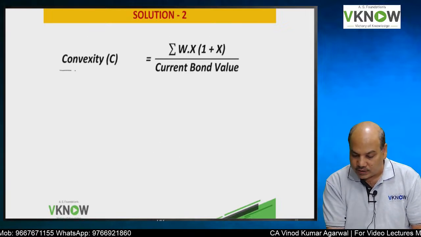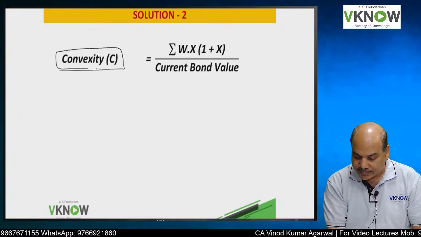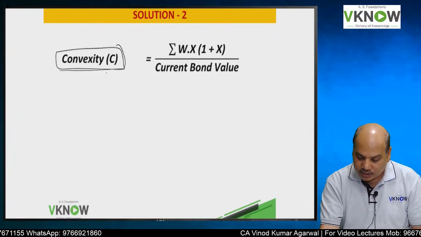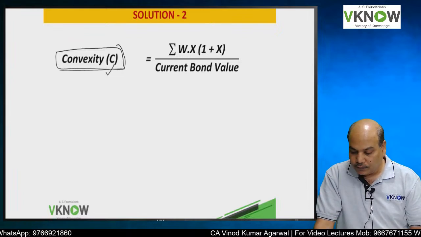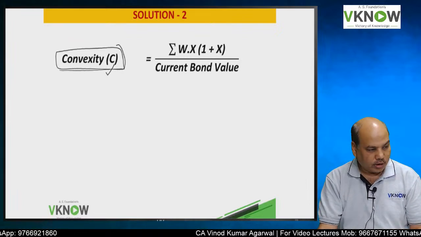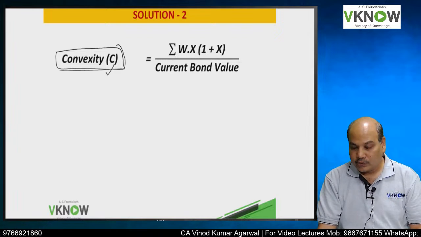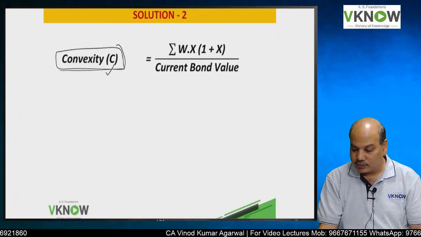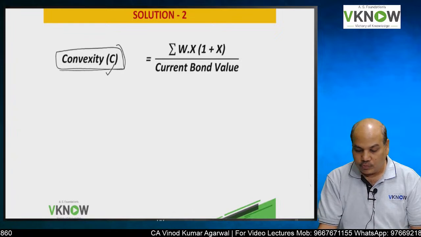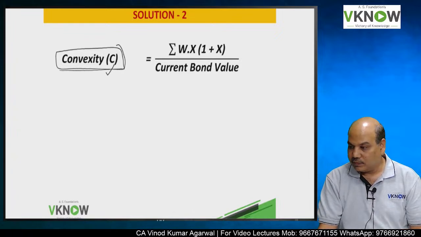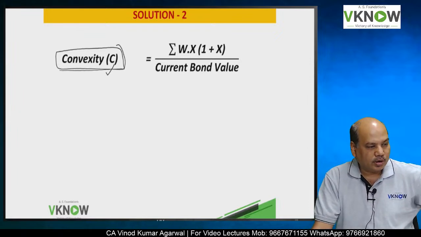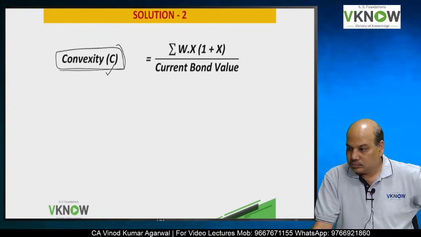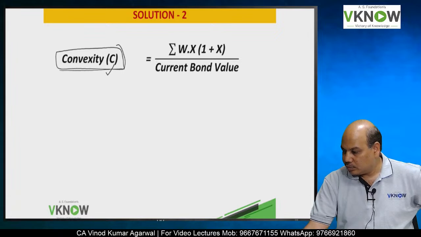So write down convexity. Convexity, in bracket write C. The formula is equal to summation W into X upon 1 plus X divided by current bond value.